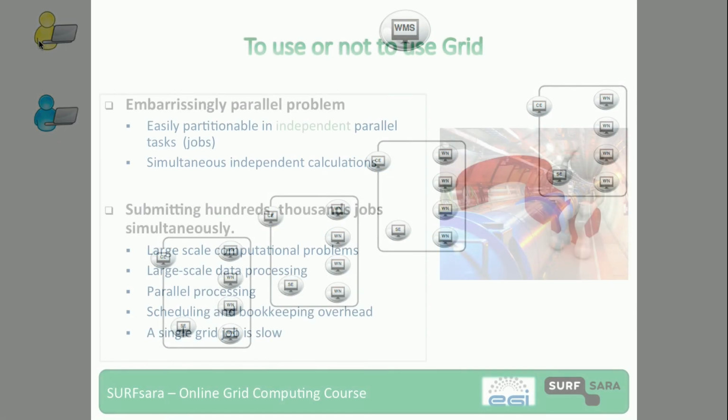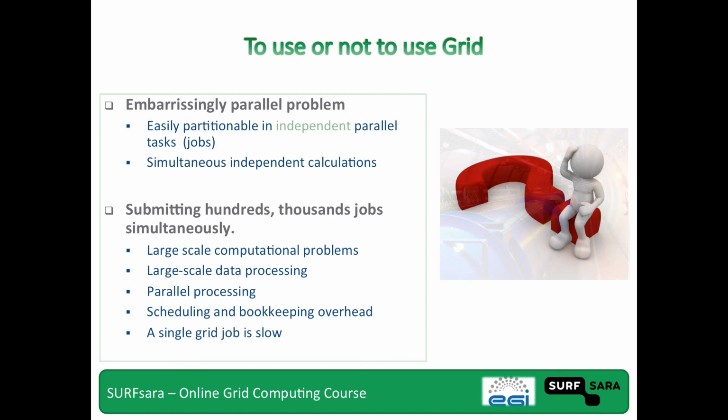But the properties that we just talked about give you a certain grasp on what your application needs to look like to be able to use the grid to do large-scale computation. Grid computing is a form of distributed computing which can be very powerful when applied the right way, but which does demand certain characteristics of the job.